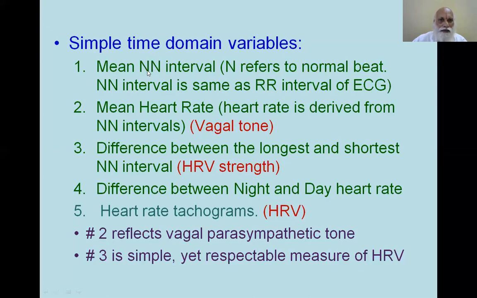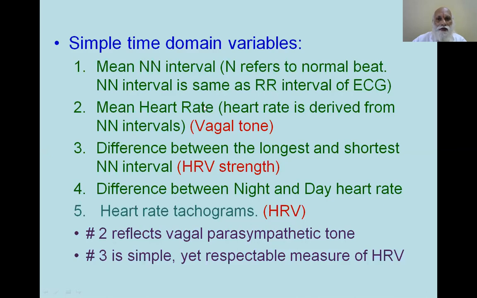Here, we call it normal to normal beat interval. Now, why is it normal? Because in the record, all beats may not be normal. So here you use those beats which are actually coming from the SA node, and that's what happens ordinarily. So NN interval refers, in other words, to the RR interval of the ECG.